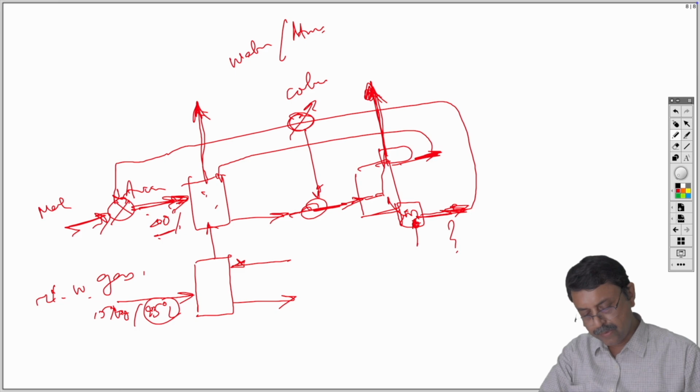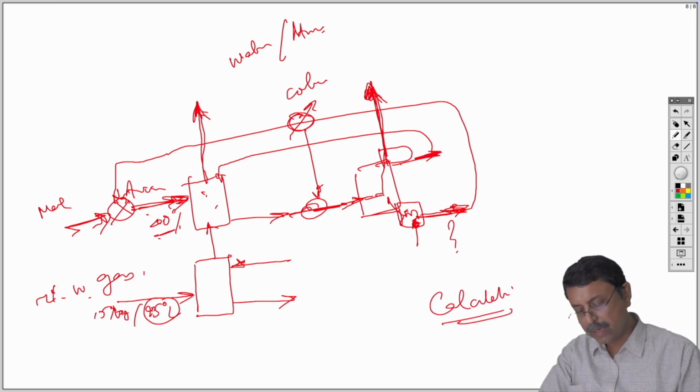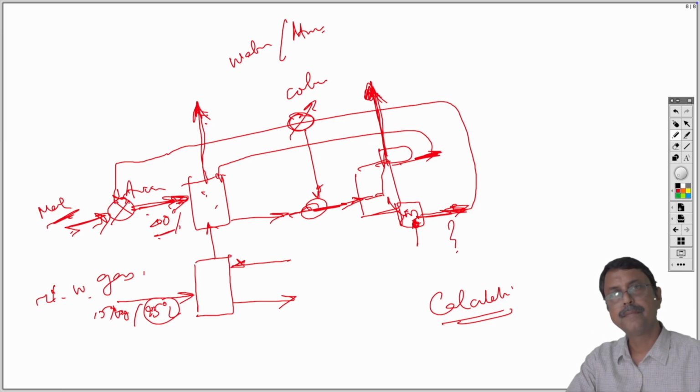So we will use a calculator over here, and this calculator will calculate the amount of water and amine that is being lost through this vapor outlet, and only that amount will be sent through the makeup stream over here. And that calculation we will do using an Excel sheet.